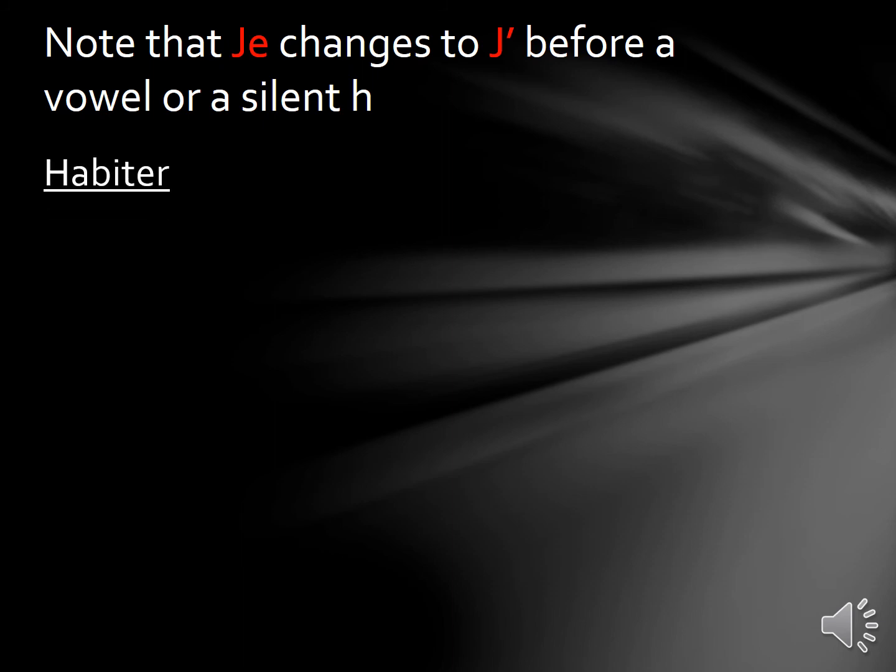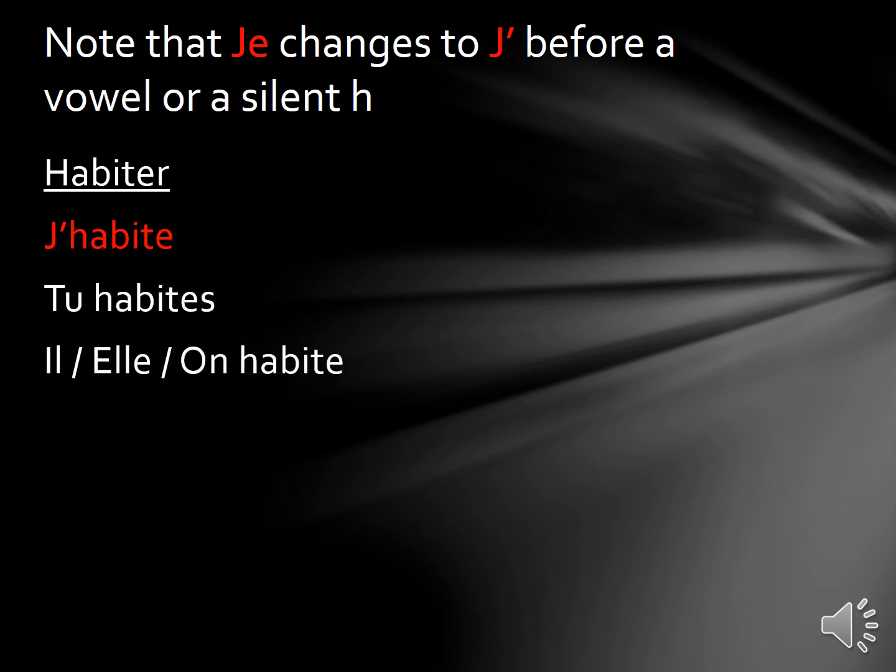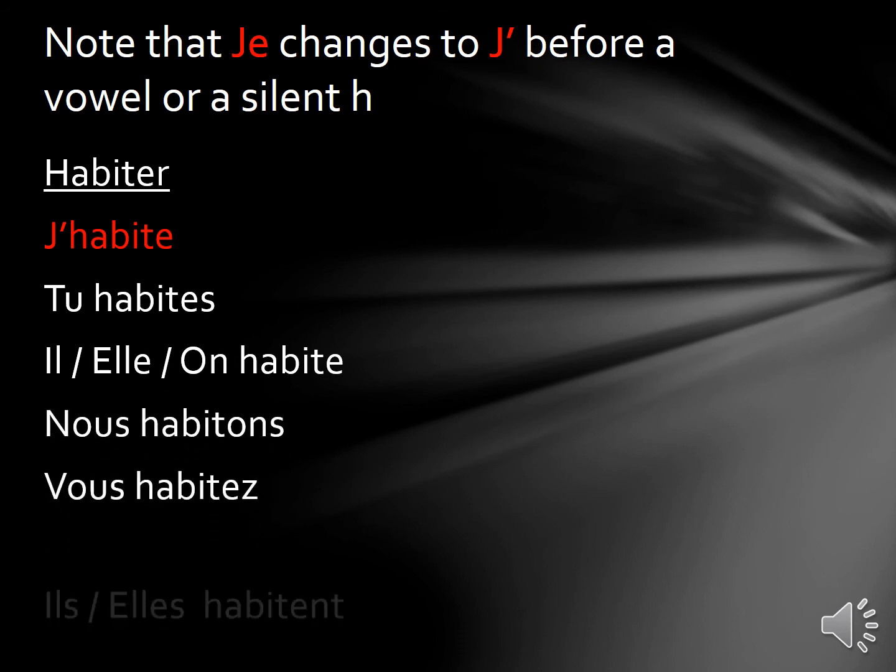We have verbs like habiter, silent h. You don't say je habite, but j'habite. And the rest will come like that. Tu habites. Il, elle, on habite. Nous habitons. Vous habitez.